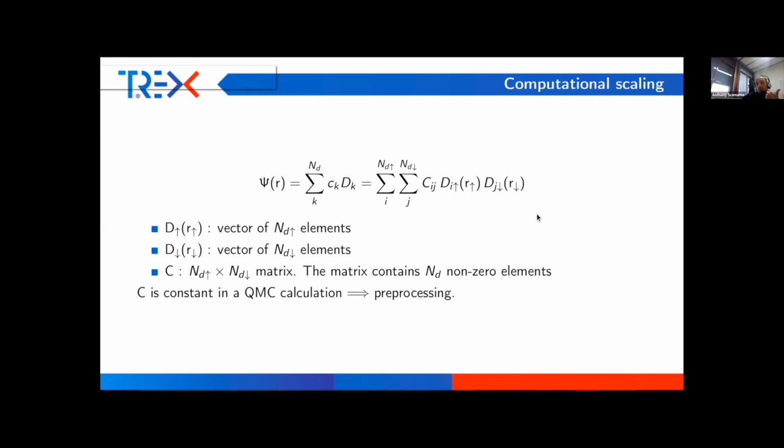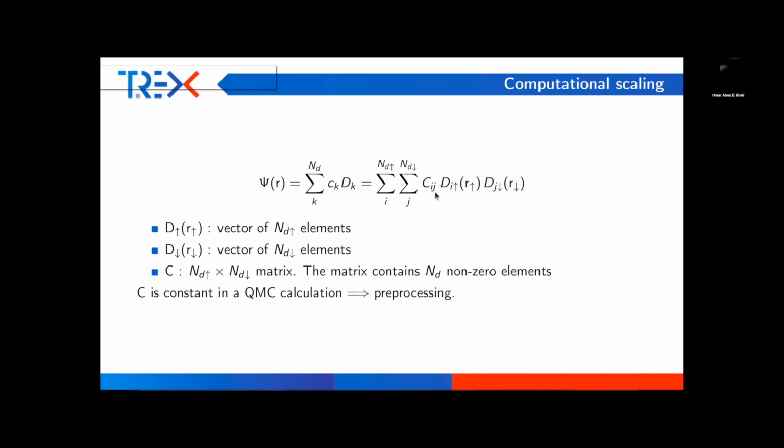What you need to do is really identify the unique alpha parts and the unique beta parts and see how you will recombine them all together. So if you identify by I the upspin determinant and J the downspin, then your CI vector, you can re-express as a matrix Cij like this.